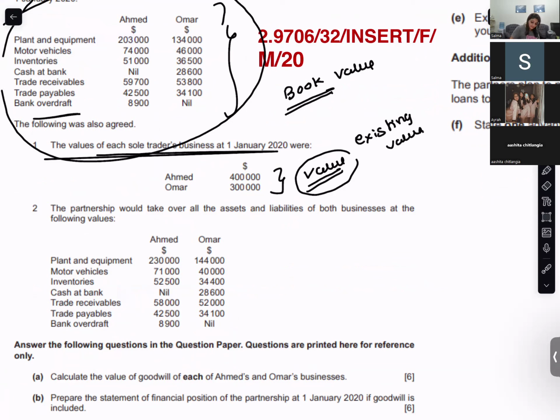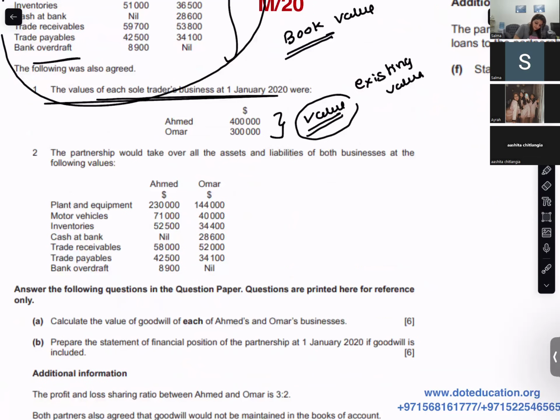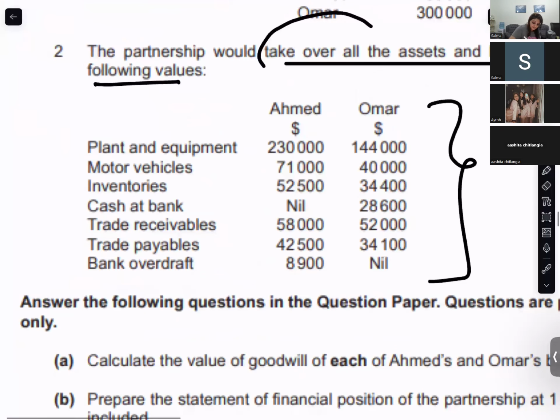Go ahead. The partnership would take over all assets and liabilities of both businesses at the following values. So this will help us to find what? This will help us to find the NATO. Okay, fine.